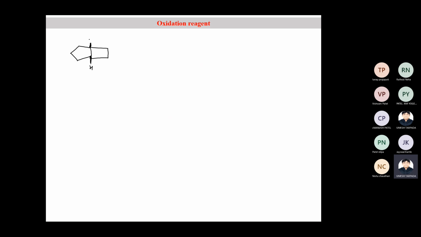Suppose here it may be H or methyl at the junction. Whatever the group is there, you can do the reaction with metachloroperbenzoic acid. So epoxidation takes place on the side of the less bulky group.